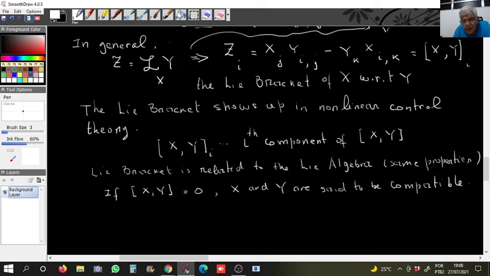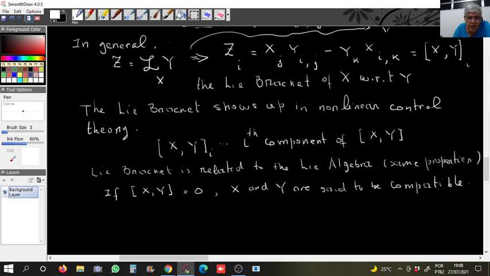The Lie bracket is related to the Lie algebra. There are some properties of Lie algebra, and the Lie bracket also obeys these properties. Now, if the Lie bracket of x comma y is 0, x and y are said to be compatible. Okay, that's a definition.